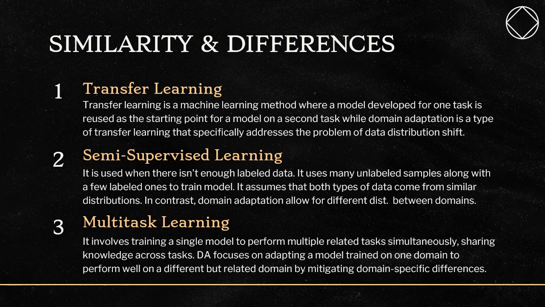So there are two tasks involved and you are doing them simultaneously. That is called multitask learning. How is domain adaptation different from that? Domain adaptation works sequentially. First it works on one training data set and then it works on the other data set. So it is different from multitask learning. So these three learnings are very similar to domain adaptation, but a little different from it.